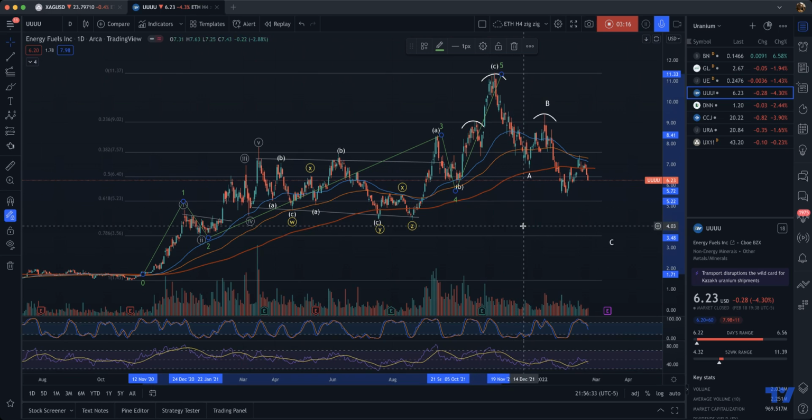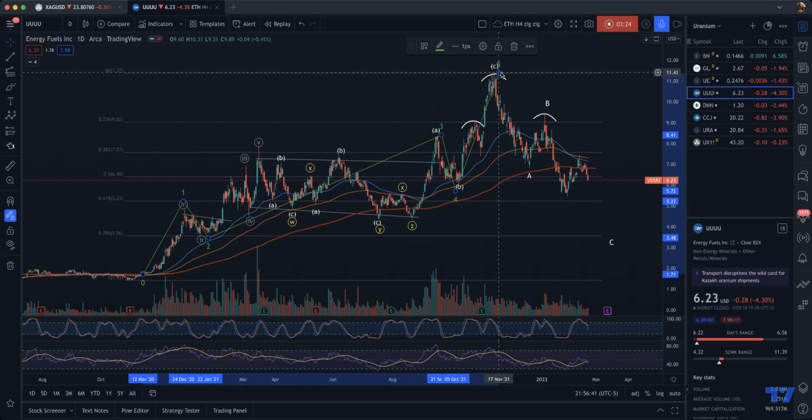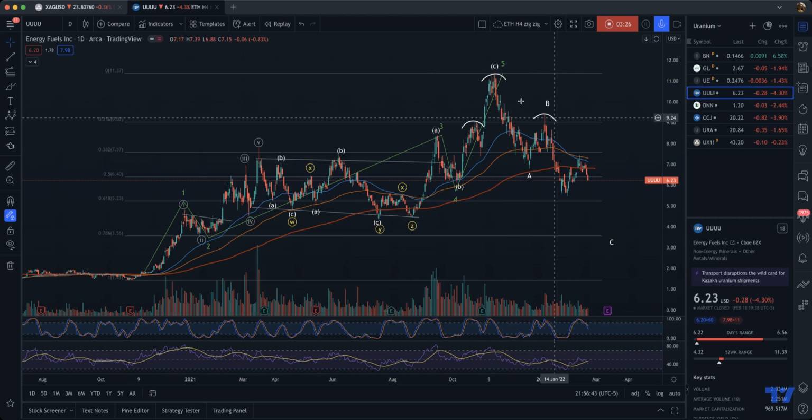And then after the 5th wave up on the higher time frame is put in, that brings us to where we are now, and that is in another correction, ABC down, ABC. As the 5th wave was getting put in, we put in a head and shoulders. Here's the left shoulder, the right shoulder, the left shoulder, the head, the right shoulder.